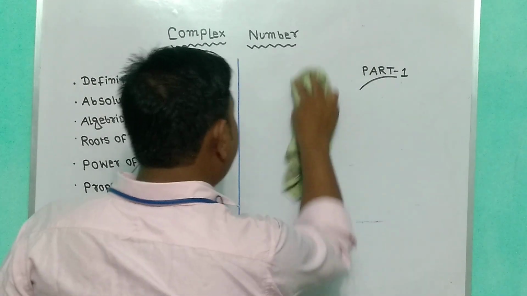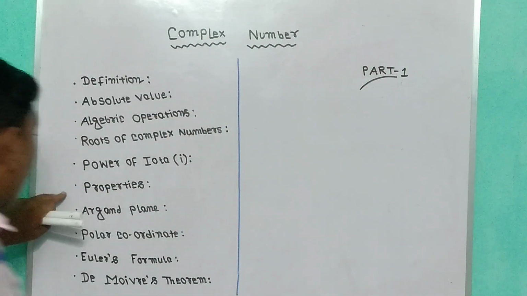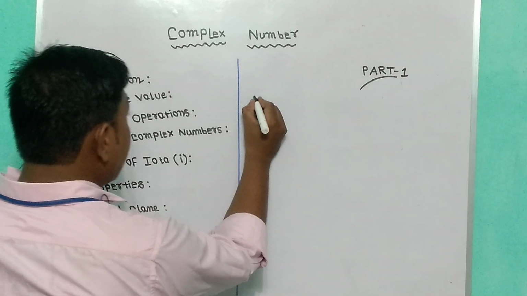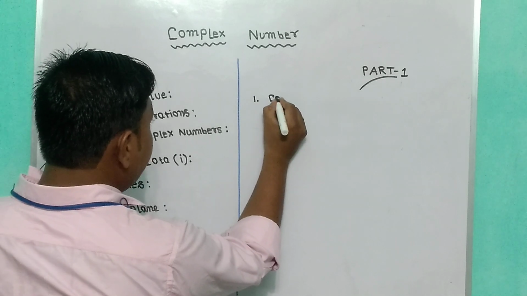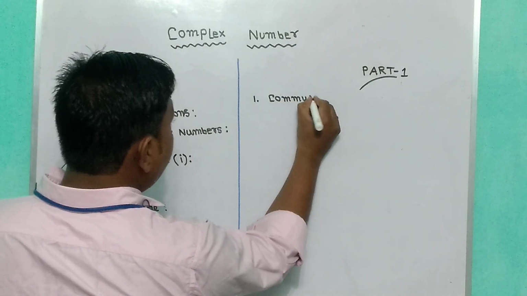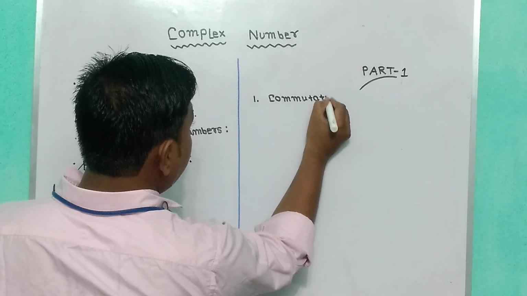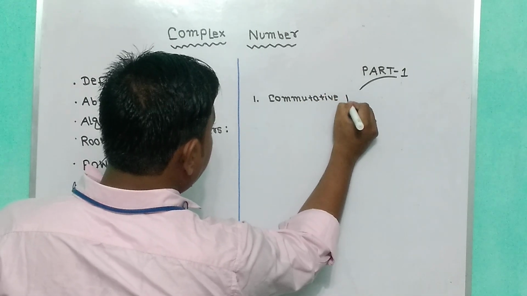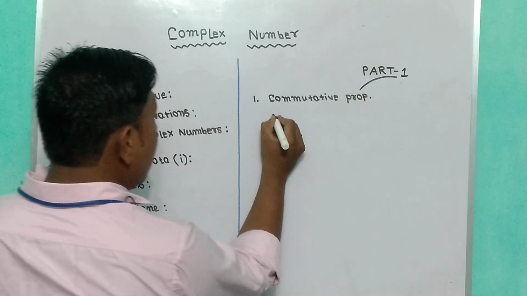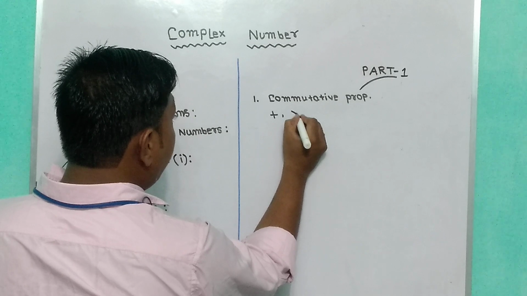Okay, now at first I am telling you the properties. After that I will tell you power of iota. So properties are like that. First one, commutative property. This property holds only for addition and multiplication.